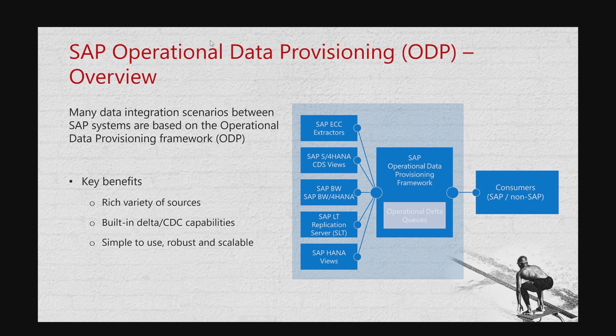So basically, you don't have to take care of such error situations. You can assume that ODP will make sure to correct this for you. And finally, ODP provides scalability out of the box. So whether your load is fairly small with a few 100,000 of records or fairly large with, say, 100 million records, ODP will basically make sure that all of these scenarios work out of the box.